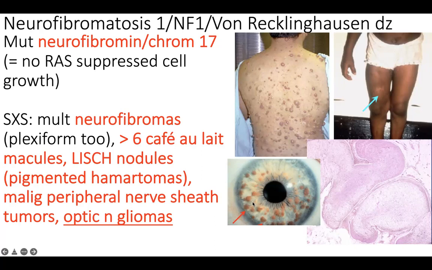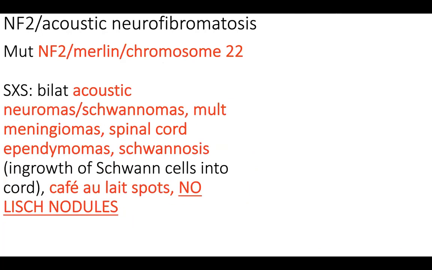And then there are Lisch nodules, which are in the iris, which are pigmented hamartomas, and then malignant peripheral nerve sheath tumors and optic gliomas are associated with this. So that is NF1. Make sure you remember this.